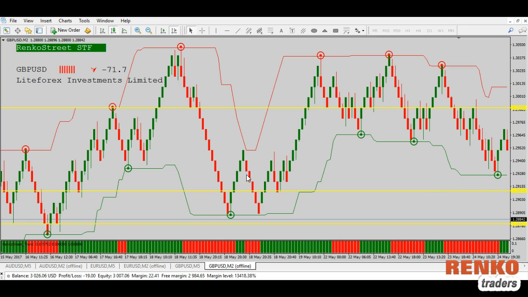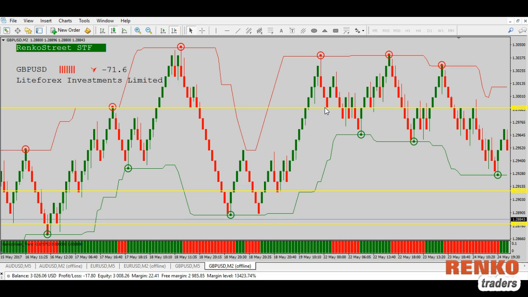So as you can see, price went up till here. Thankfully it didn't hit the stop loss, but finally price managed to move all the way up here. That is assuming we got a perfect combination of all three signals.